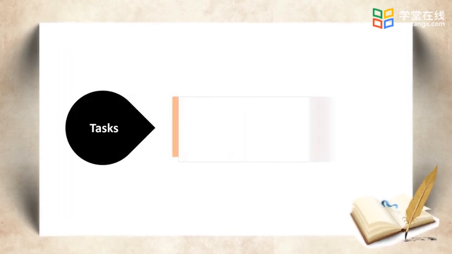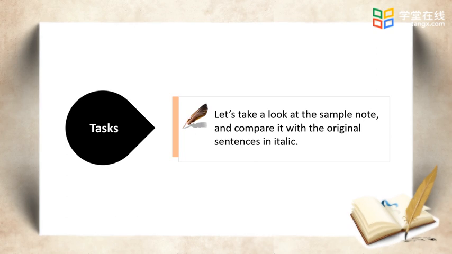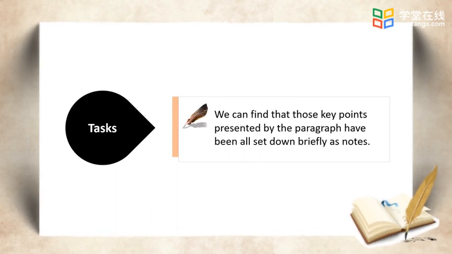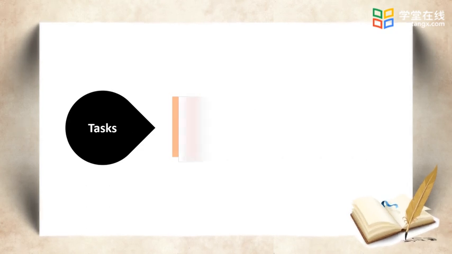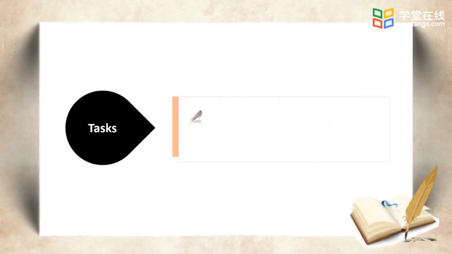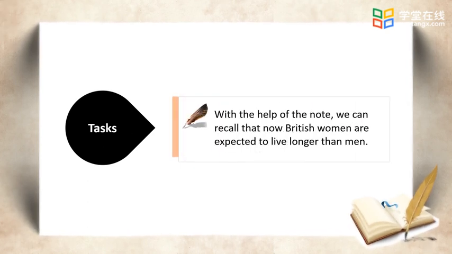Let's take a look at the sample note and compare it with the original sentences in italic. We can find that those key points presented by the paragraph have been all set down briefly as notes. The note may help us easily memorize the key information that we have read in a rather long text. With the help of the note, we can recall that now British women are expected to live longer than men.